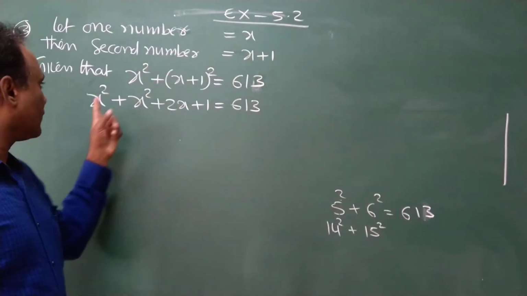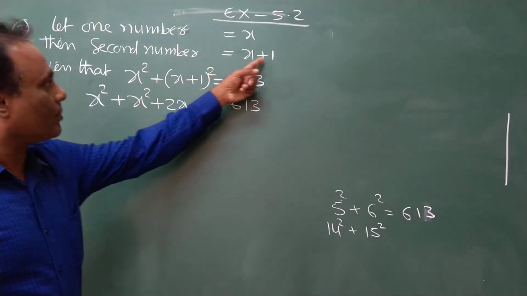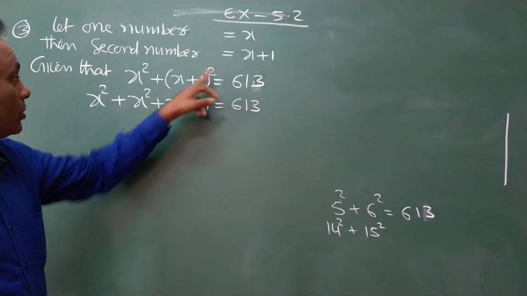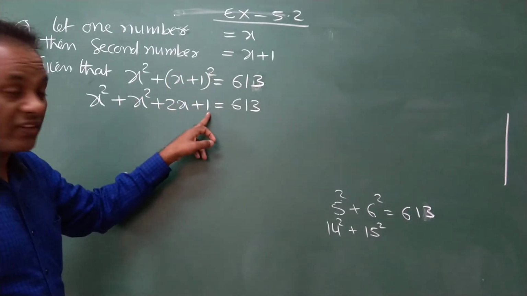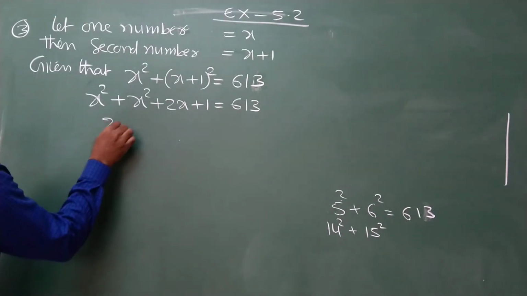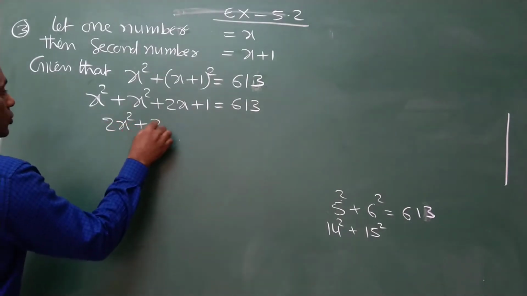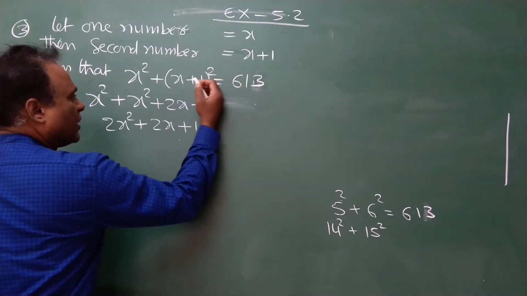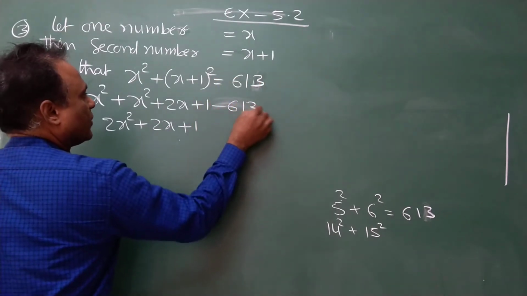First number x square, second number x plus 1 square is equal to 613. So, x square plus x square, 2x square plus 2x plus 1. Bring the 613 to the left side, minus 613, is equal to 0.